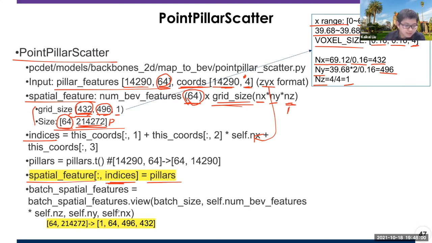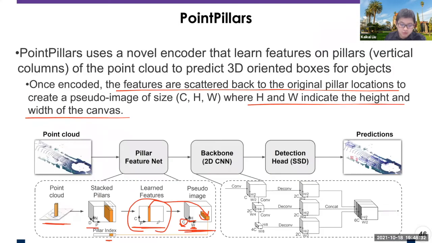Then we resize it. So we change the batch spatial features to become, this is the batch size, if we have one batch, times 64. This is the channel C, and this is the size. This is the actual size. This is NX, C, Y, X size, so it matches to this one: C, Y, and height.